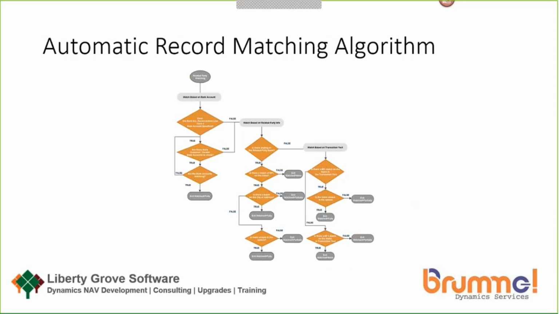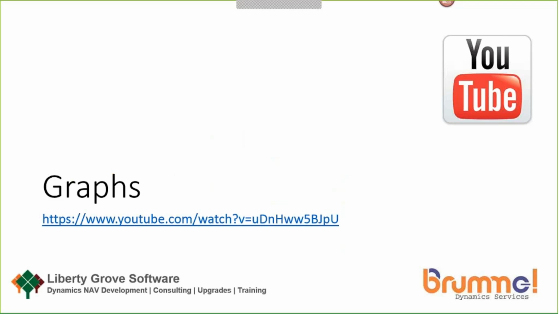This is very interesting material to look at, and the way that Microsoft has designed it is very nice, and it allows you to enhance and change it, and you can use this in your own development as well.